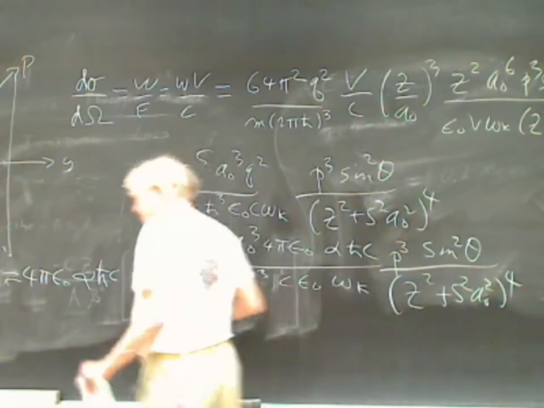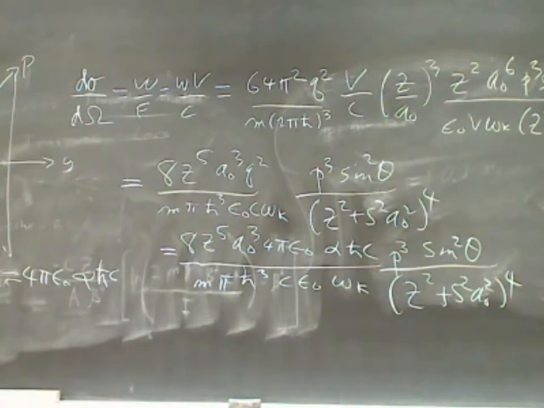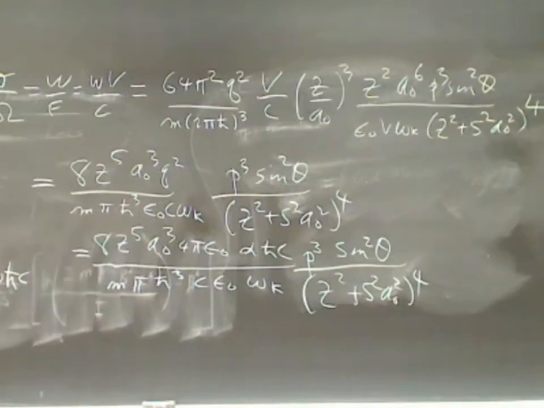By the way, all these occurrences of h bar and c, not to mention epsilon 0 and occasionally mu 0, are what prompted Feynman in particular to promote natural units. I don't know if he invented them, but he certainly promoted them.